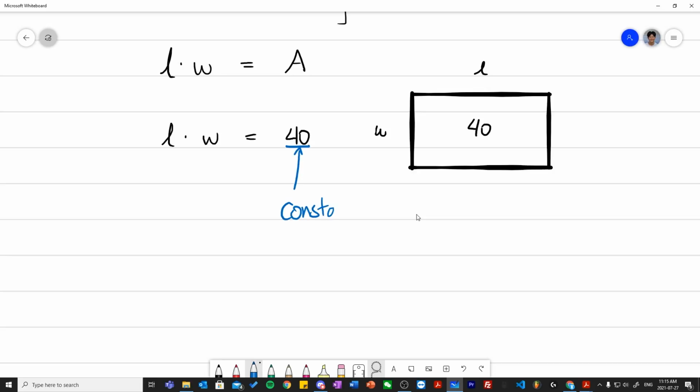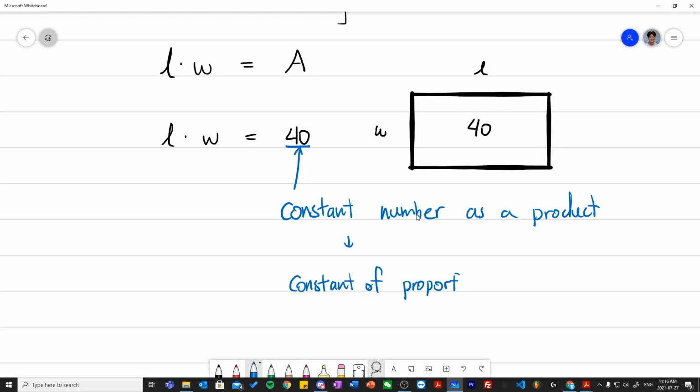Constant number. This is the constant, maybe as a product. Constant of proportionality. So this is the constant of proportionality.